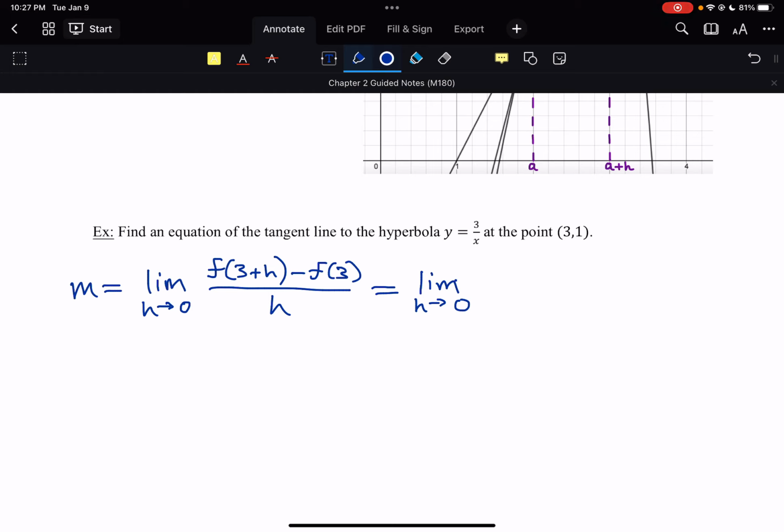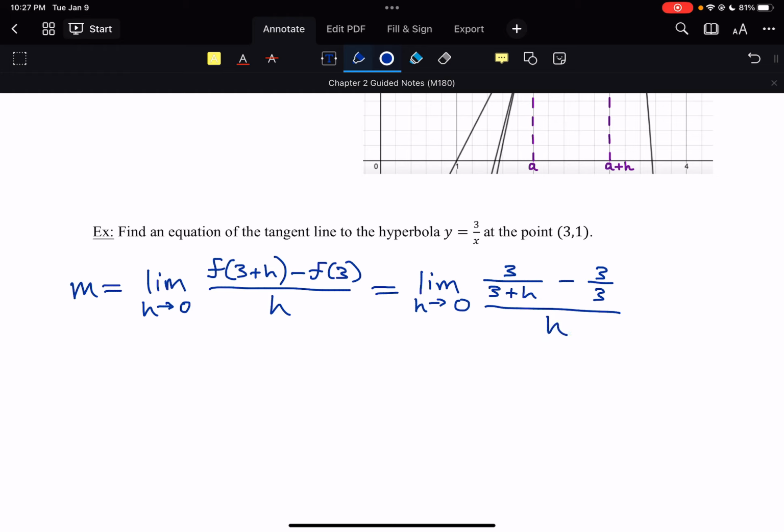So the limit needs to be there the entire time. So let's substitute in 3 plus h into the function. It's going to go in for the x here. So this is going to be 3 over 3 plus h minus f of 3, so that's 3 over 3, all over h.